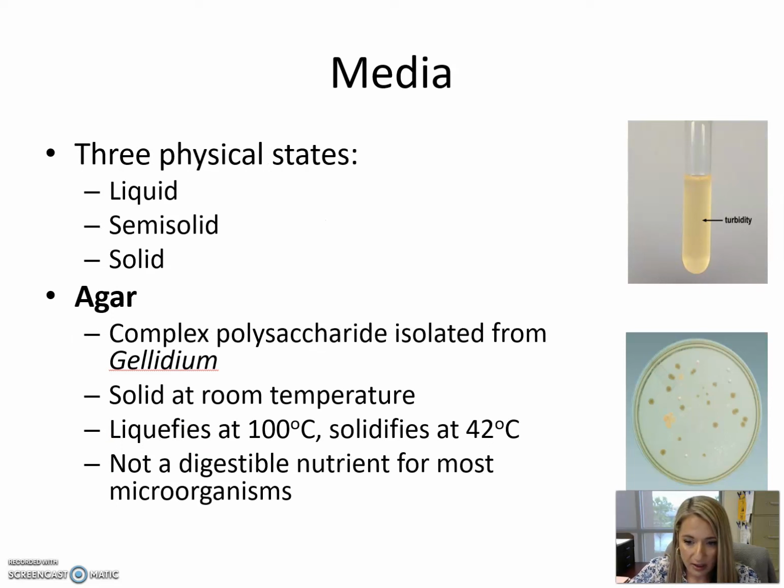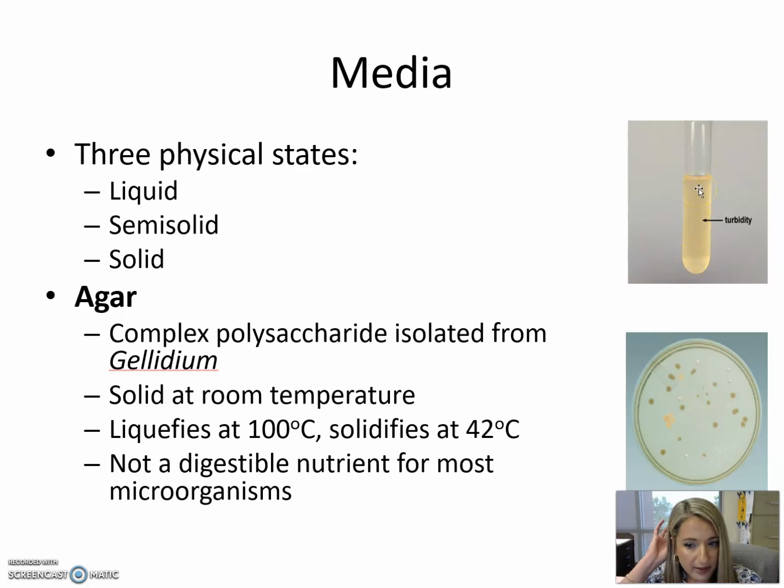So we know with the media or the nutrients, it can come in test tubes or it can come in petri dishes. Typically when it's in a test tube, you're going to see it in a liquid form, which is what we see here. This is just a liquid broth, so it contains the nutrients in a liquid form in a test tube. Typically when bacteria are not present, this liquid will be quite clear.